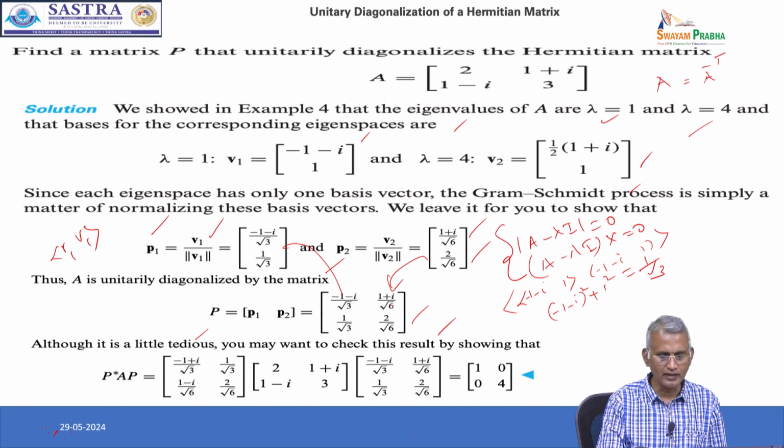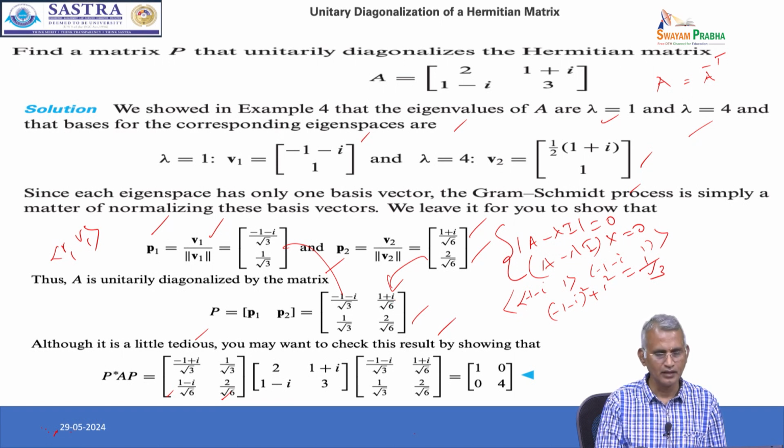Then you have to take the transpose and then take the conjugate. So, it becomes minus 1 plus i by root 3, that is, change the sign of the imaginary part, and 1 plus i becomes 1 minus i. Then transposing it, the 2 by root 6 remains as it is, and 1 by root 3 moves to the first row, second column. This way we apply the transpose and conjugate.